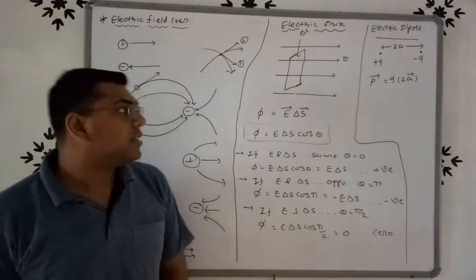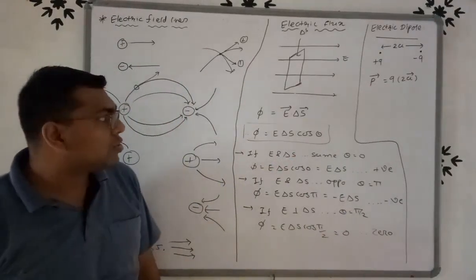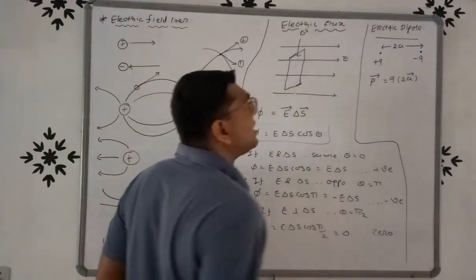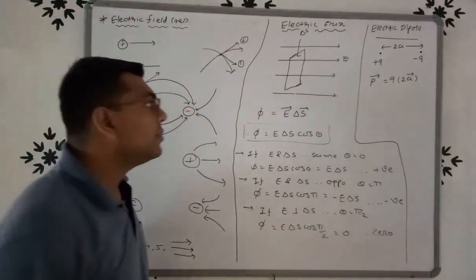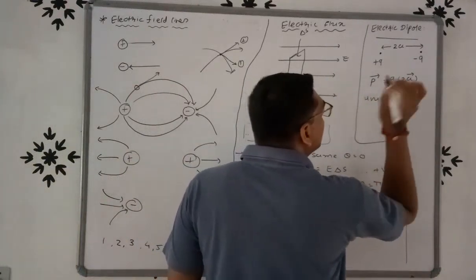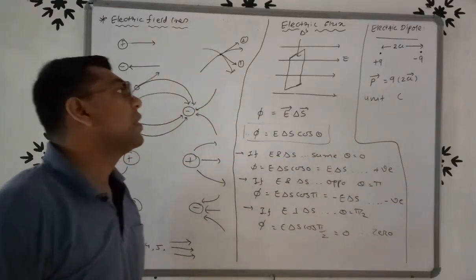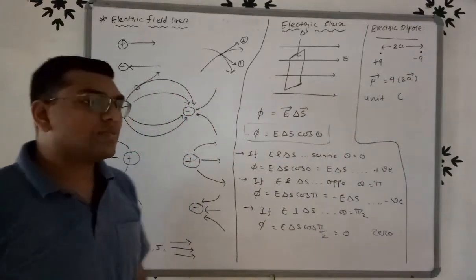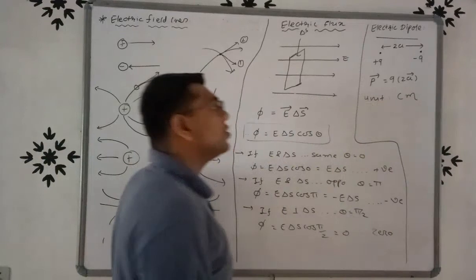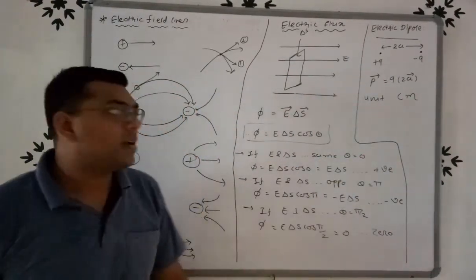You have to remember this formula, electric dipole moment P is equal to Q into 2a. Now what is the unit of electric dipole moment? Q is the charge, the unit of charge is coulomb, and 2a is the distance between the charges, the unit of distance is meter, right? So the unit of electric dipole moment is coulomb into meter.